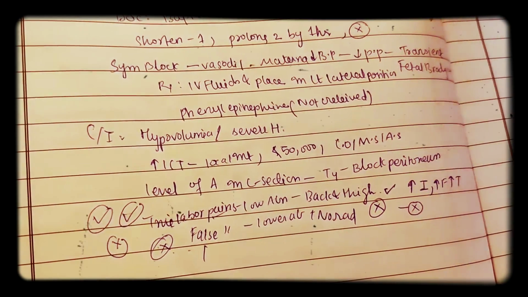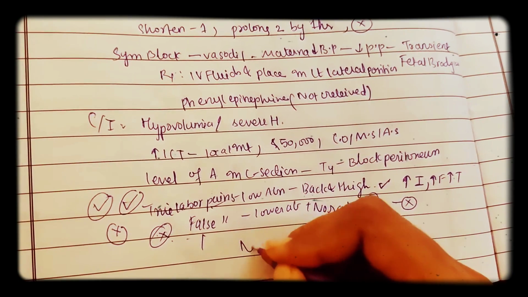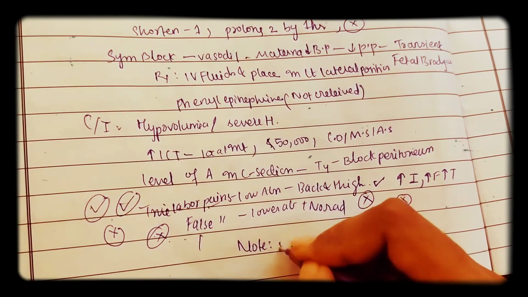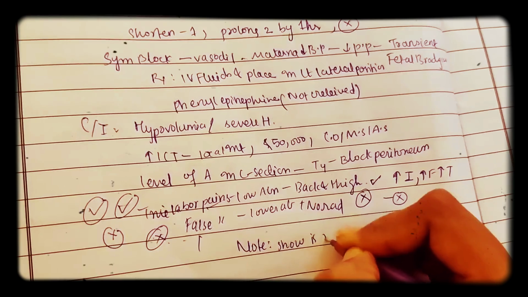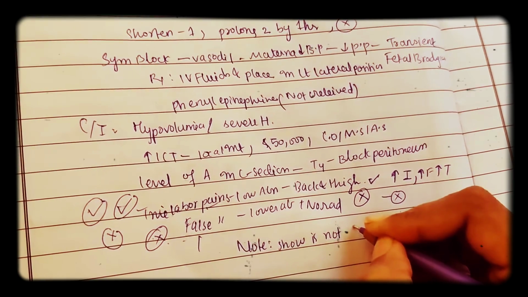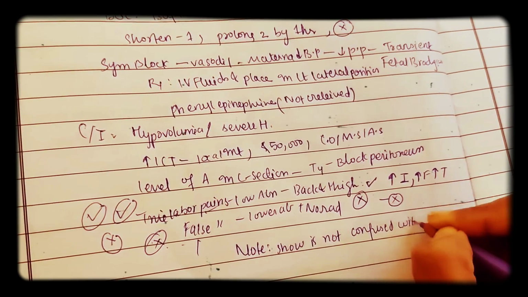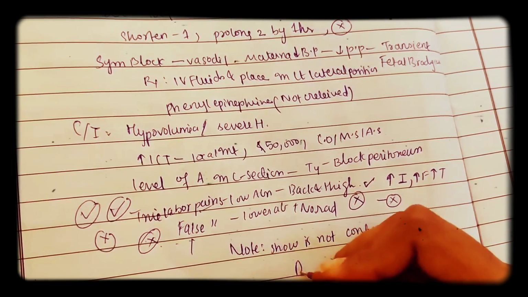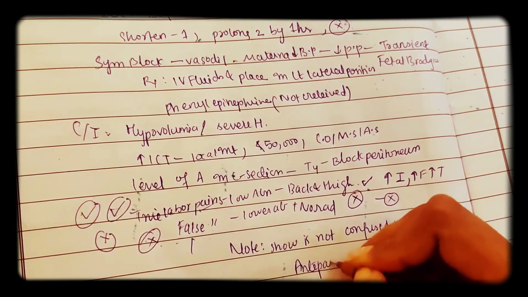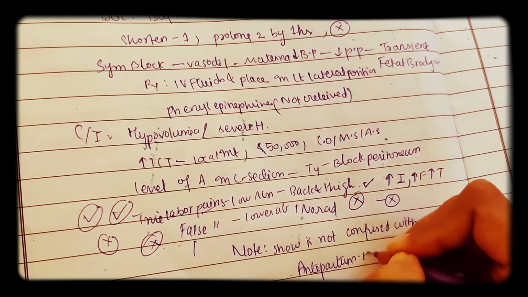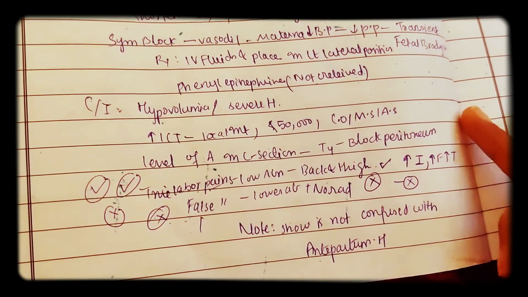So one thing we need to note is that show is not to be confused with the presentation of antepartum hemorrhage. So don't confuse the show with the presentation of antepartum hemorrhage.